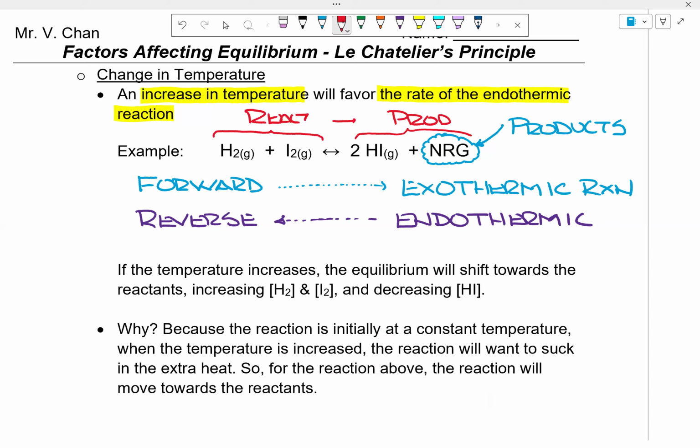So by convention, the reactants are on the left, the products are on the right. We read it from left to right, unless I specifically state that I'm going in the opposite direction.